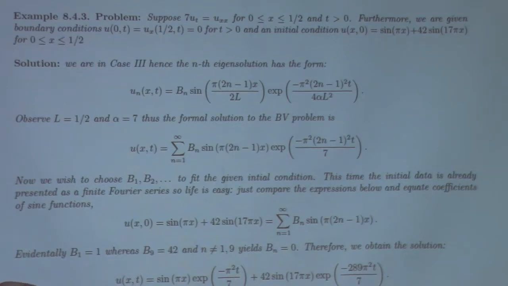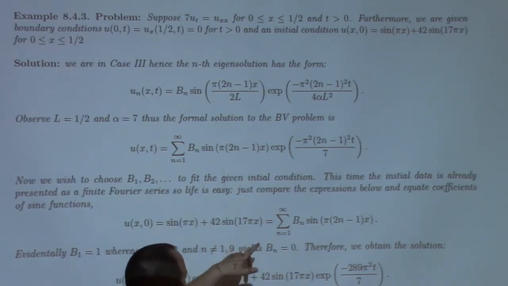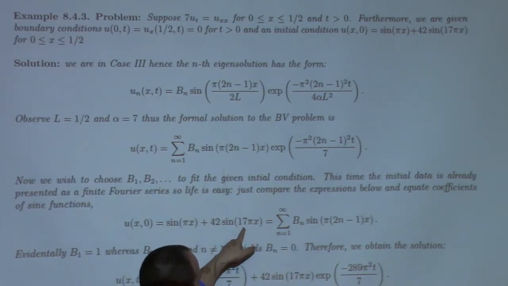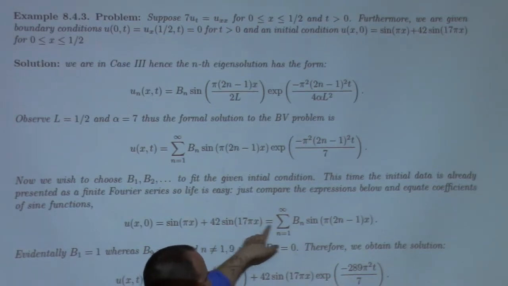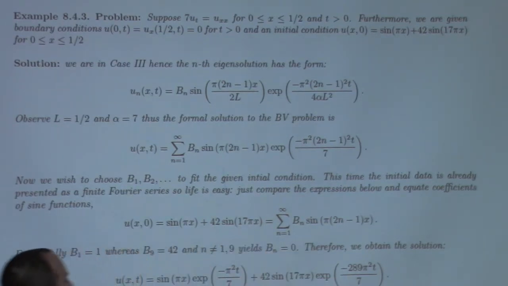But it's also nice because you can just read off b sub 1 is 1, and, let's see, how do I get 17? I need 18 minus 1, right? That's n equals 9, and b sub 9 is 42.